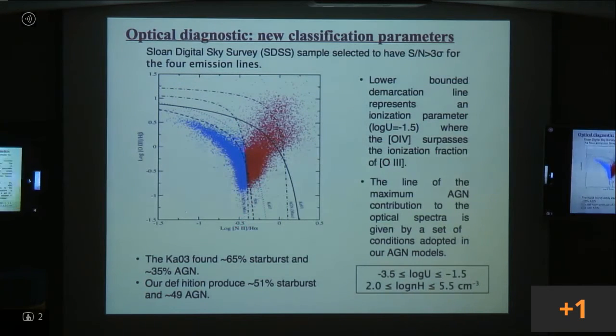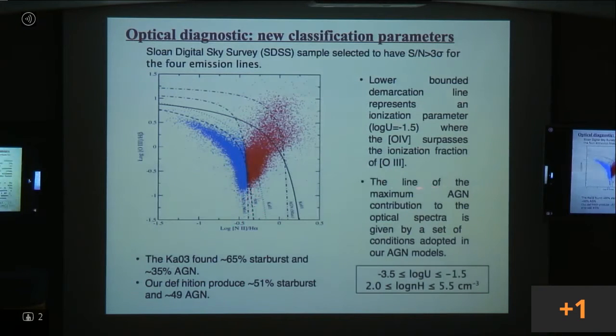In this case, we found that our definition produced nearly 40% more AGN than the Kauffmann demarcation line, and it's consistent with the demarcation line of Stasinska et al. 2006, that is this, and this is the Kauffmann.